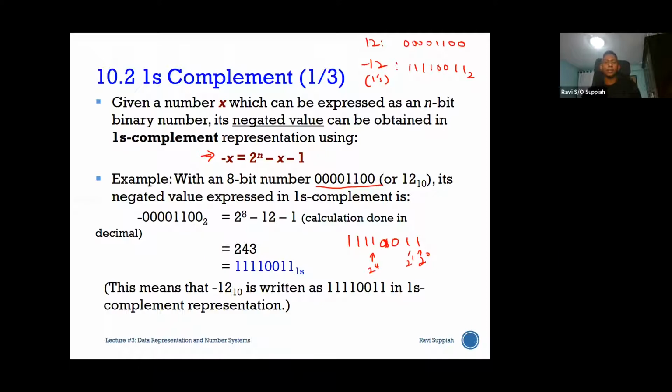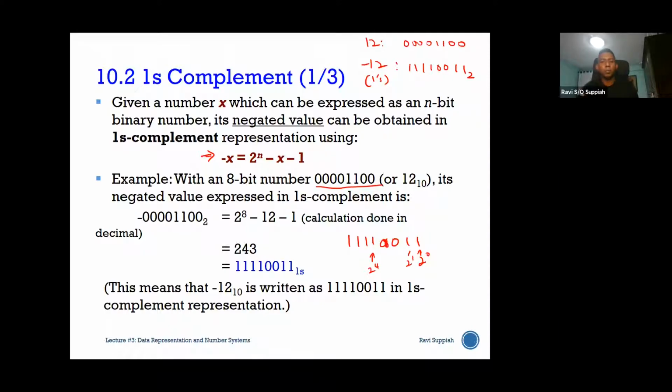Okay, but now if I give you the information that this 11110011 is actually a ones complement number, and I ask you for the value, then automatically you will know that it is either a positive or negative number.